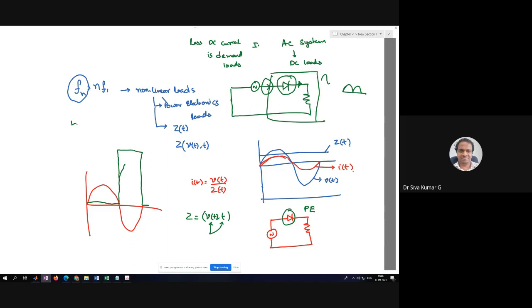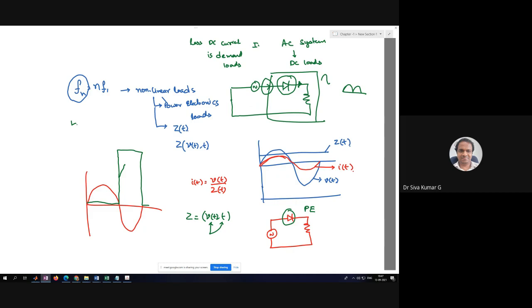Basically LED lamps, and maybe incandescent lamps also, are loads where the impedance is changing with respect to time. The current of an incandescent lamp is not purely sinusoidal. It is also a kind of nonlinear load because the impedance changes with the applied voltage.